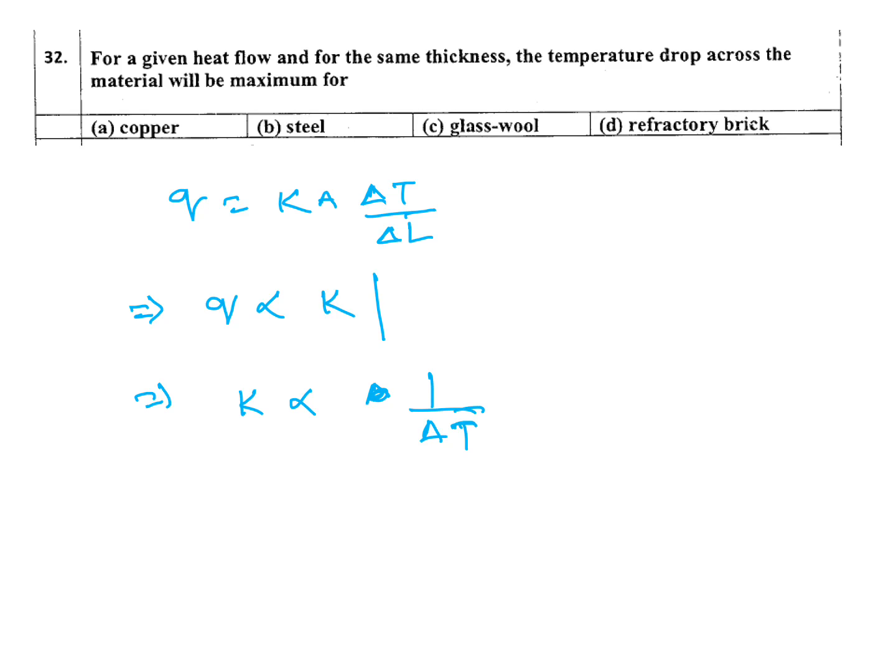The temperature drop, delta T, will be maximum when K is minimum. From the options, copper, steel, glass wool and refractory bricks, glass wool has the lowest thermal conductivity, so it will give the maximum temperature drop. So C is the answer.